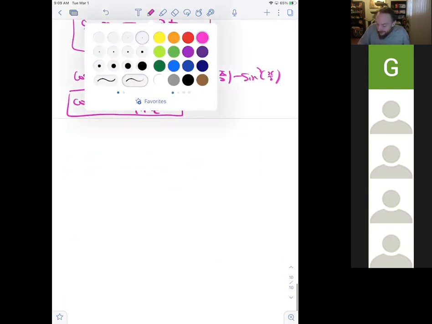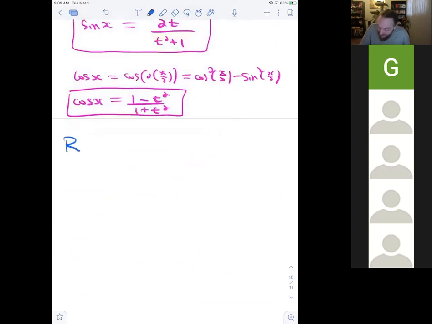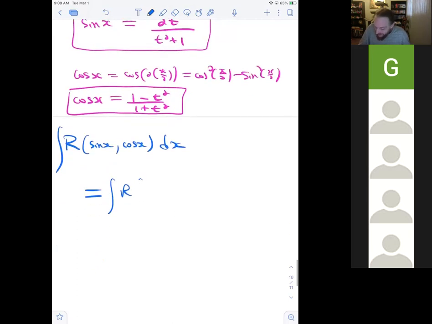So in general, if I have the integral of a rational function in sine x and cos x dx, this now turns into the integral of a rational function in what was sine x, we're going to have 2t over t squared plus 1, what was cos x, 1 minus t squared over 1 plus t squared, and then 2 over 1 plus t squared dt.